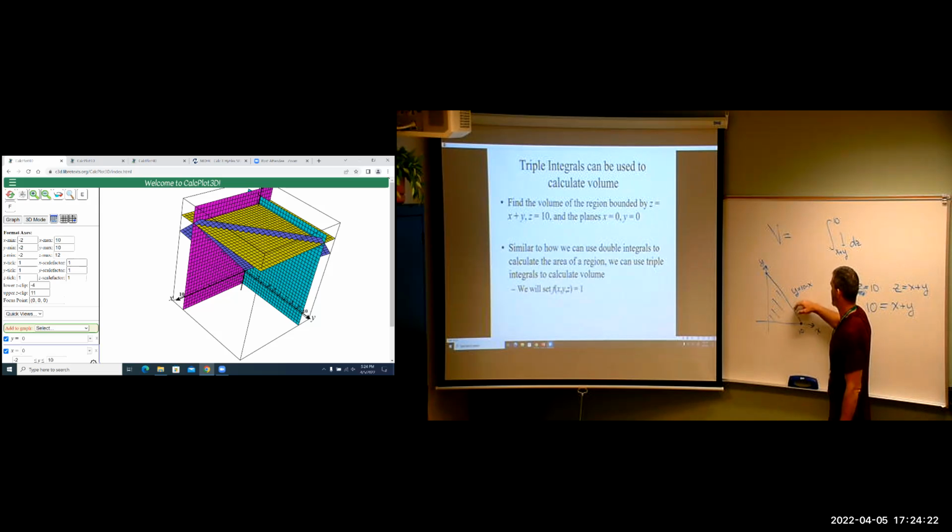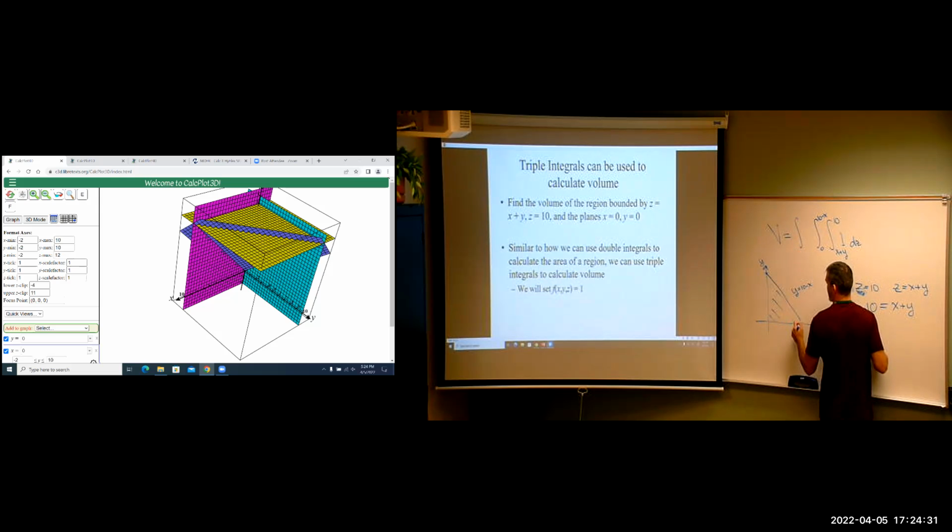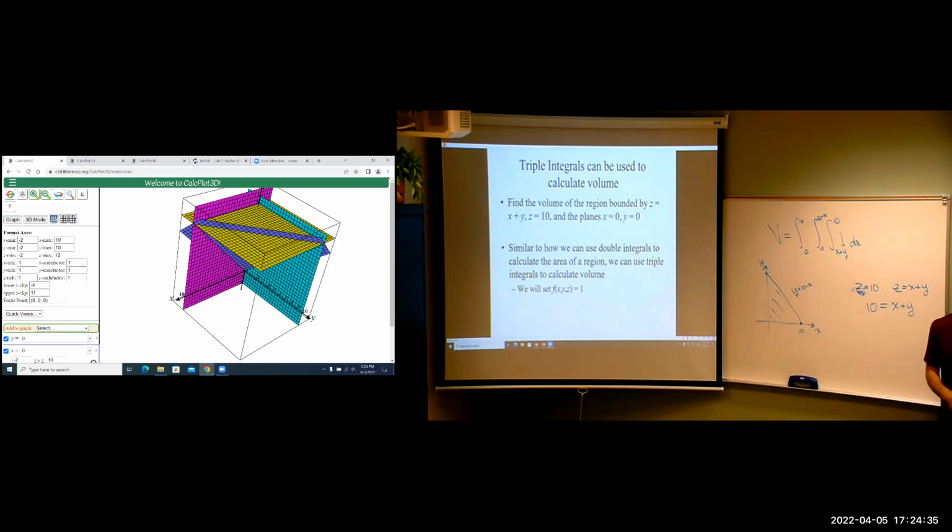And y is going to go from 0 up to 10 minus x. And then x is just going to go from 0 to 10. Okay. Questions about any of those limits?